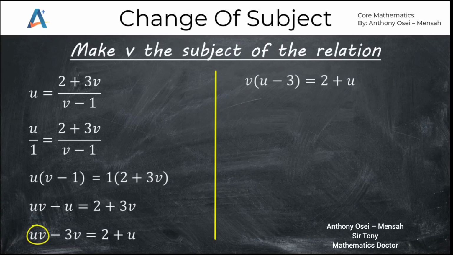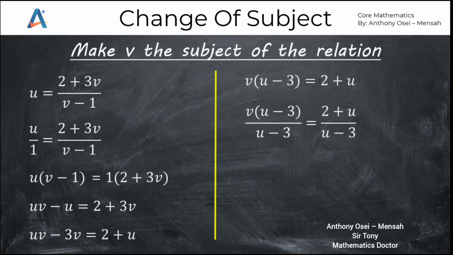Now uv will be divided by v, thereby v cancelling the v to give me u remainder. Then minus 3v will be divided by v. So v will cancel this v, remainder minus 3. We will divide both sides of the relation or the equation by u minus 3 to make v stand alone.